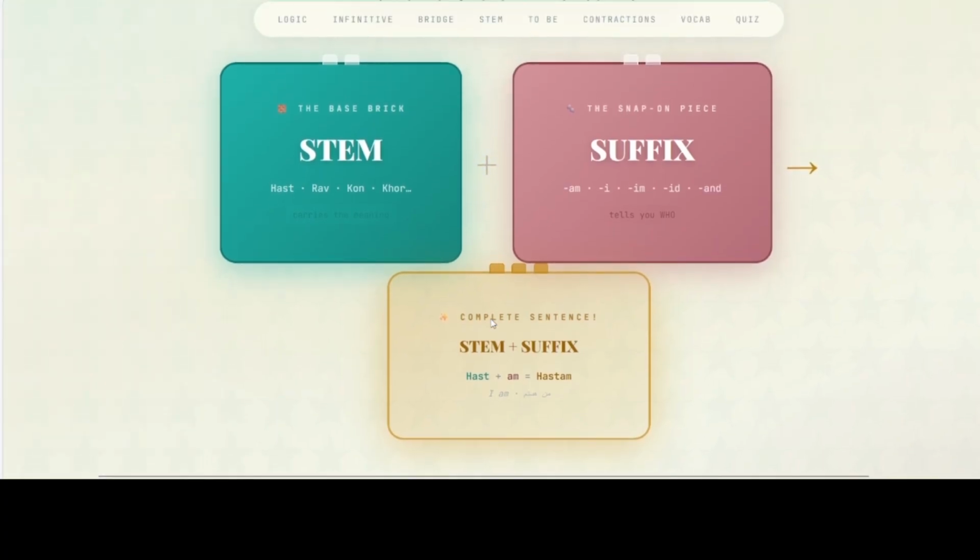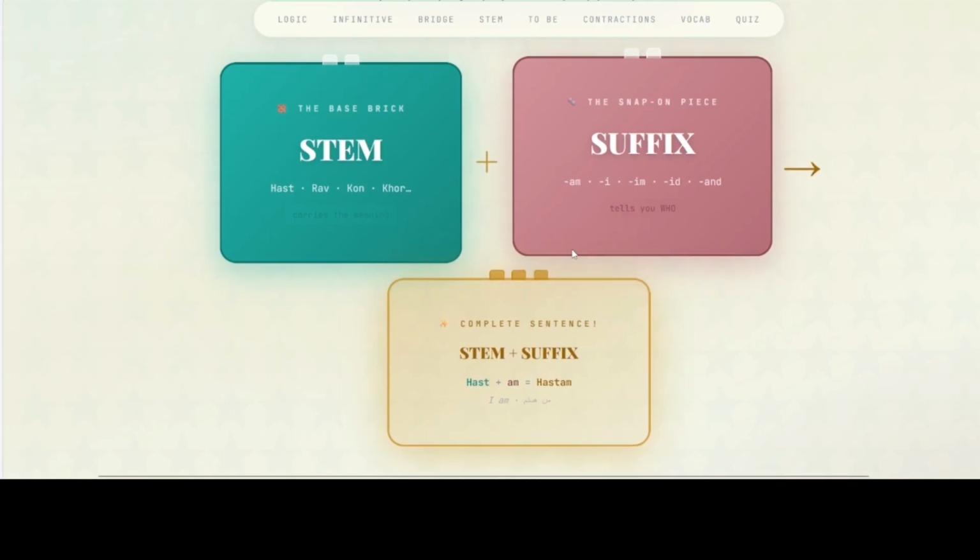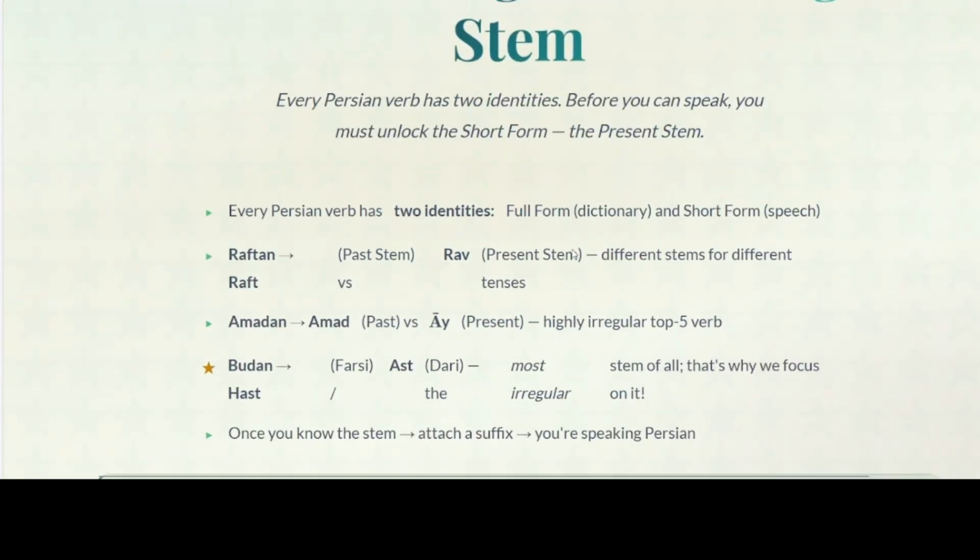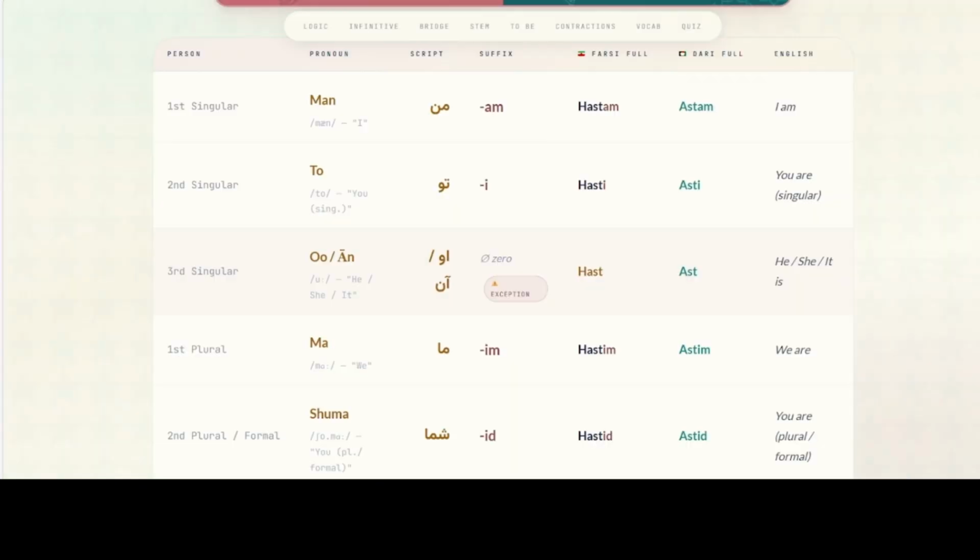You know, each subject pronoun in Persian has a different suffix. So in this table you can see different subject pronouns, and they all have their own specific suffix. For example, man means I. It always gets the am as the suffix of the verb. For the to-be verb, we said hast is the present stem.